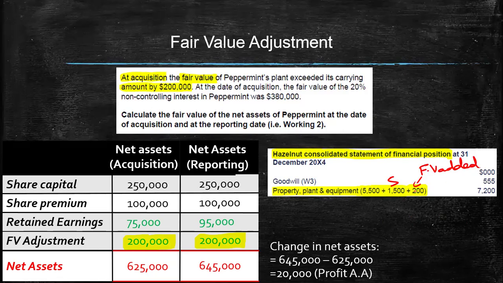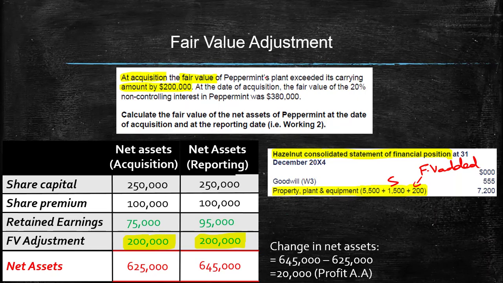So just like this, wherever you have some extra fair value of your non-current assets, you have to add it in the net assets calculation in acquisition and reporting columns. And then in the preparation of your consolidated statement of financial position, you also have to add this value in your property, plant and equipment.